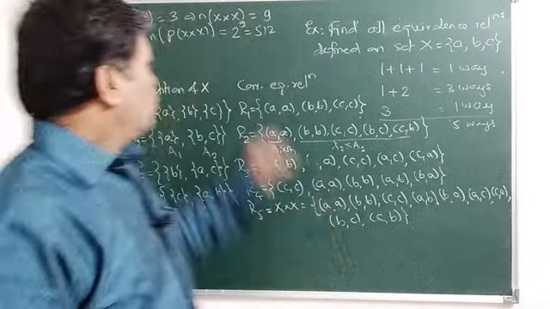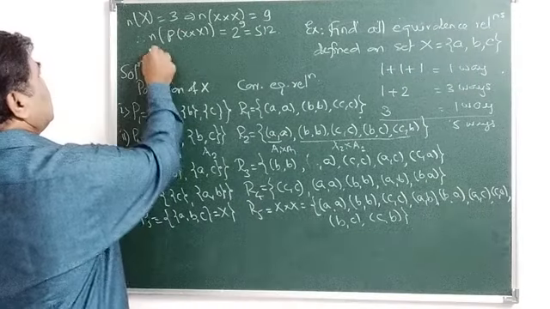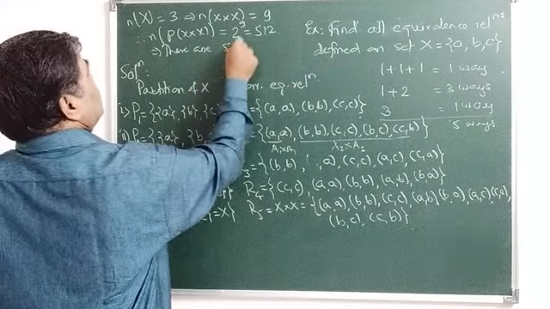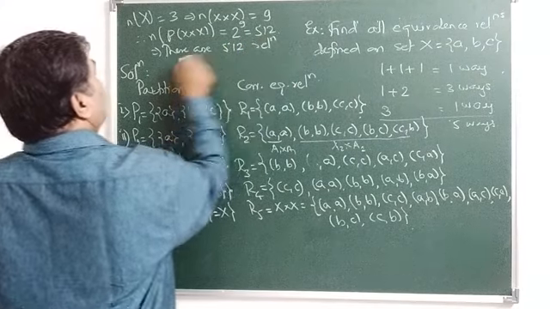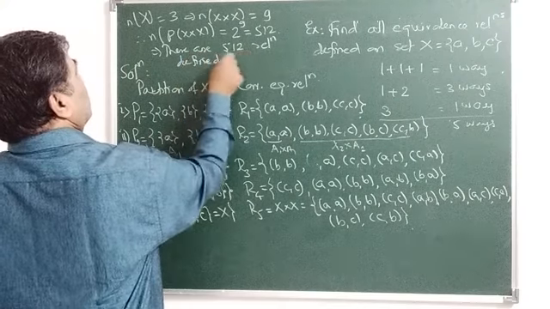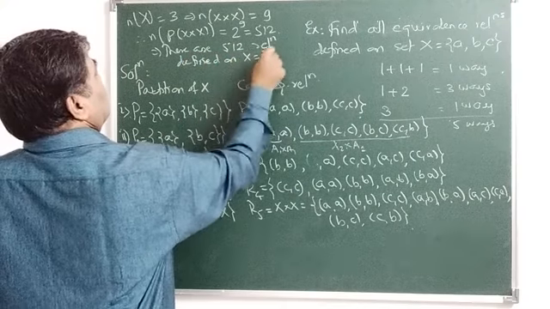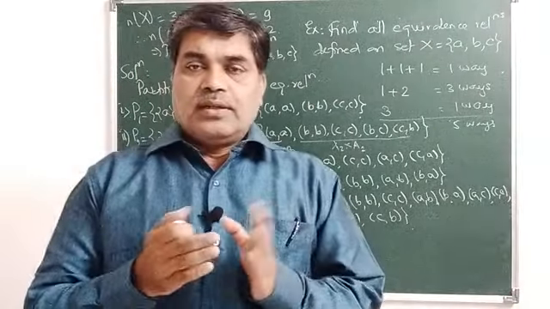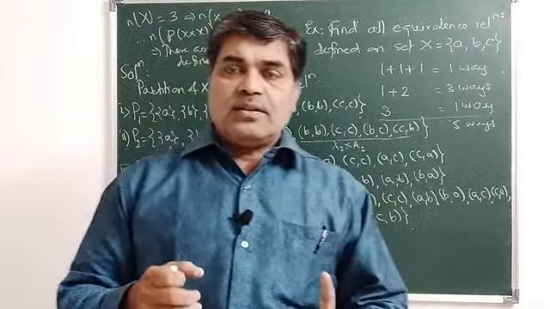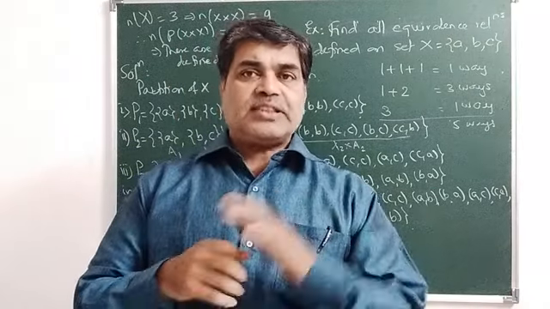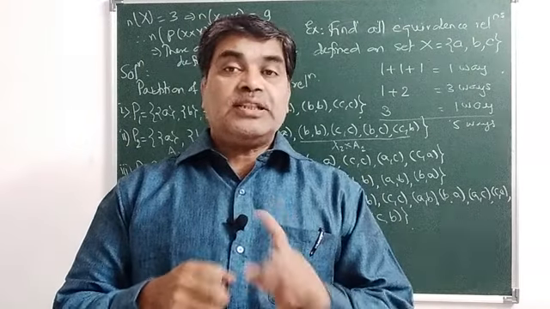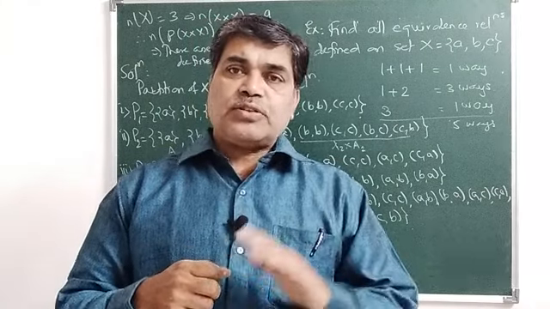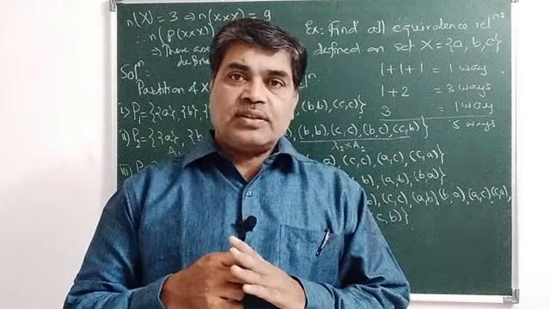So 2 raised to 9 implies there are 512 relations defined on X is equal to A, B, C. X contains 3 elements, so the number of pairs in X cross X is equal to 3 into 3 is equal to 9, and any subset of X cross X is a relation.